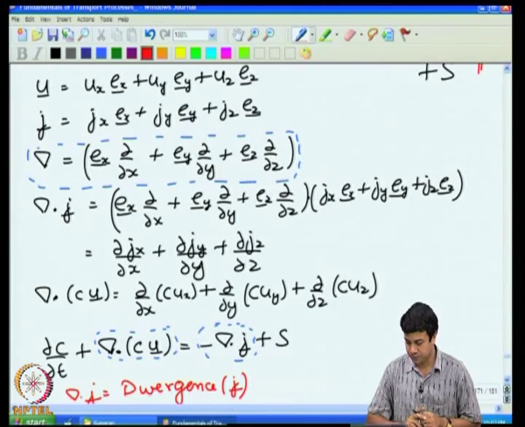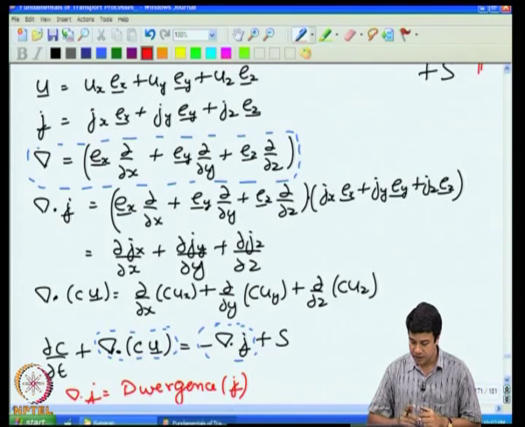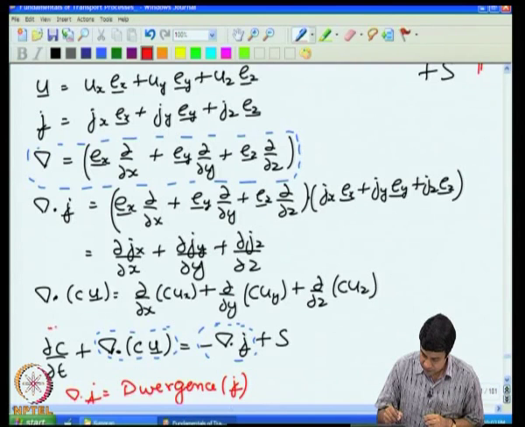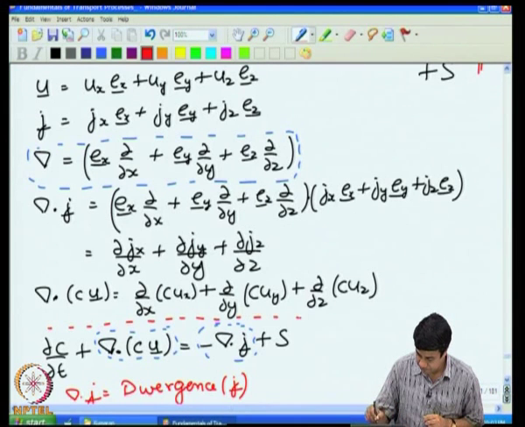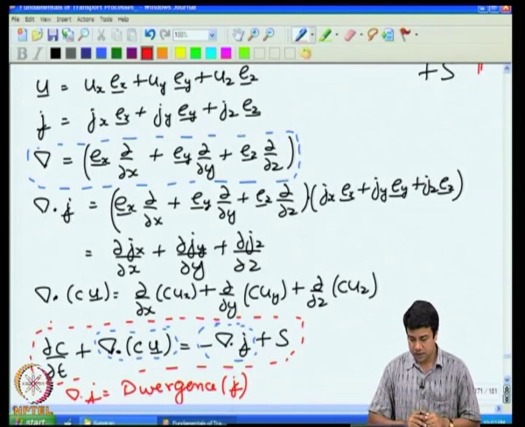So, that is the mass conservation equation in a Cartesian coordinate system, as well as in this more general form. I had told you in the last class that this form is general.